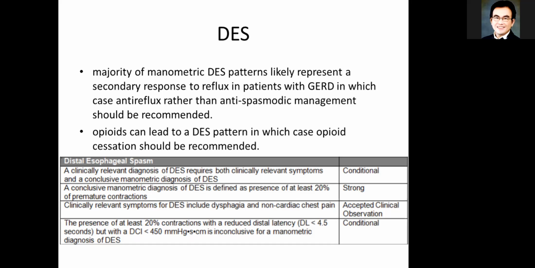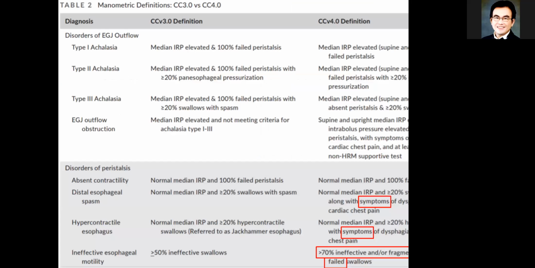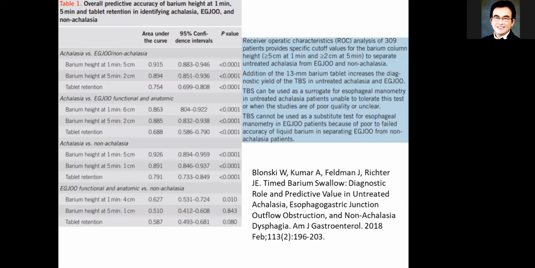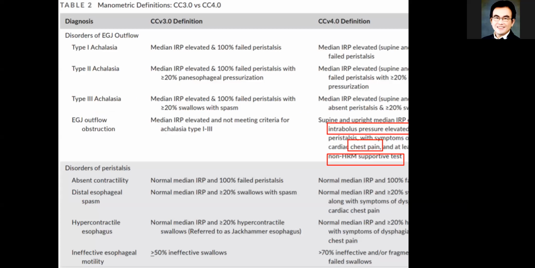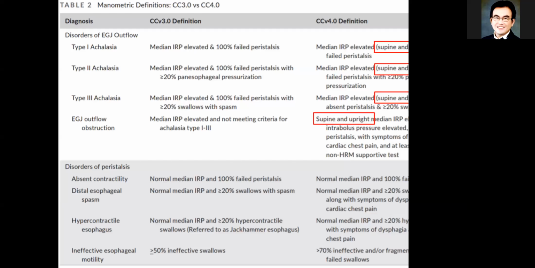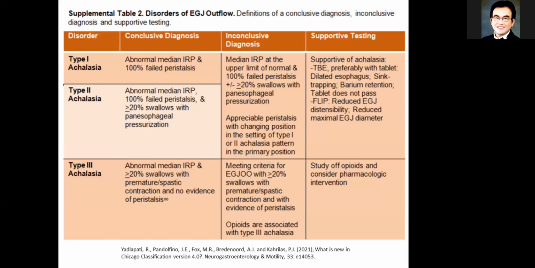Now, for diagnosis, what I noticed is that, like what Peon has mentioned, they have what they term as clinically relevant conclusive manometric diagnosis, inconclusive diagnosis, and then supportive testing. So this is something new, certainly not mentioned in any previous classification before.